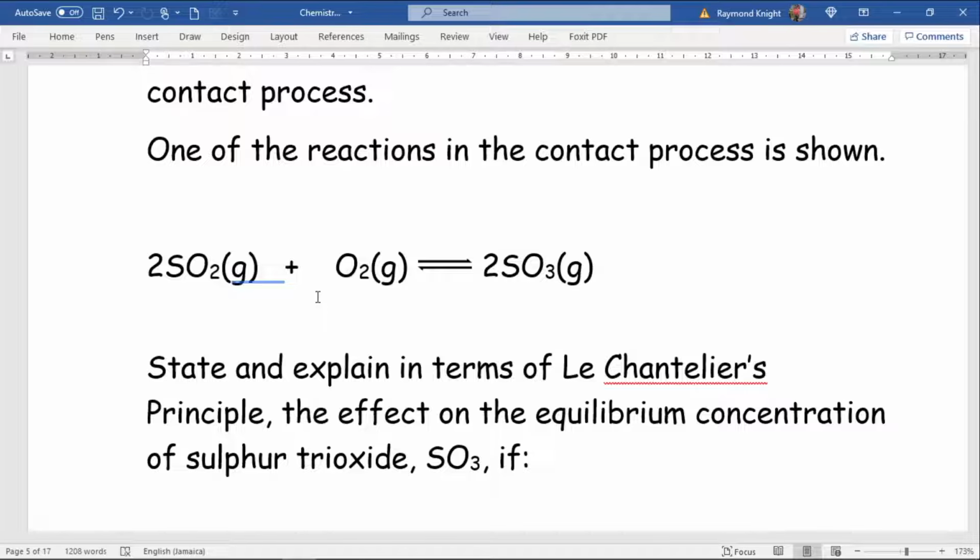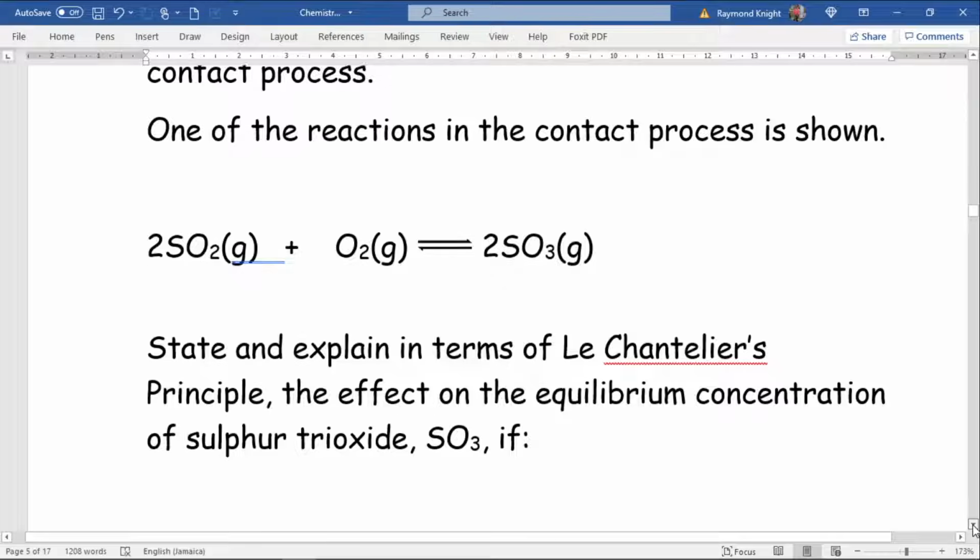Because remember, the idea is always to regain equilibrium. And so 2 molecules of sulfur trioxide is less than a molecule of oxygen and 2 molecules of sulfur dioxide. So you move towards the right side, the product side in this case.